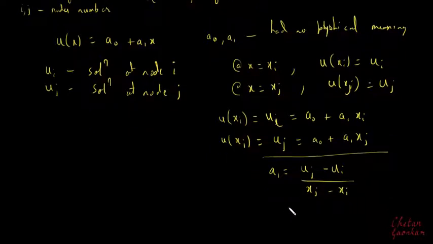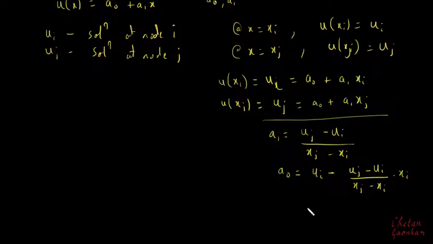Similarly, if I find the value of a0, I will get a0 as ui minus uj minus ui divided by xj minus xi times xi. Further simplifying, I will get this as ui times xj minus uj times xi divided by xj minus xi.